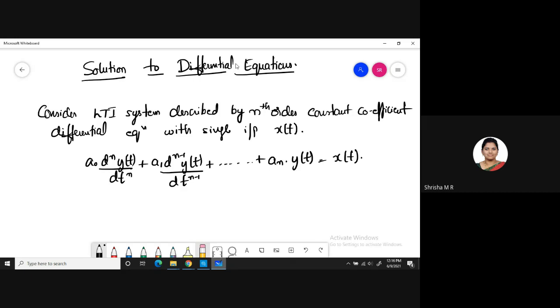This is how you describe an LTI system with respect to the nth order constant coefficient differential equation, with a single input x of t.